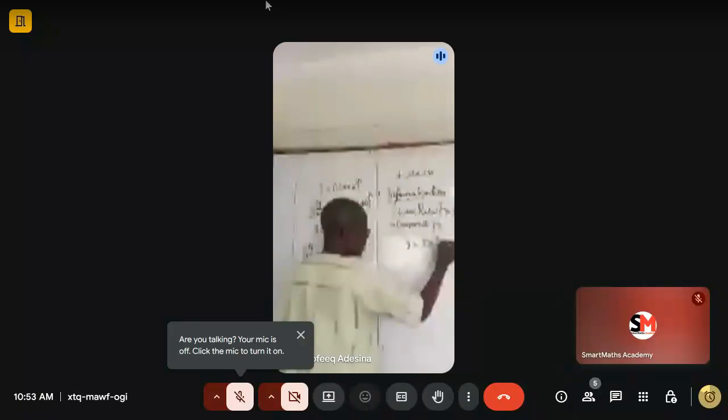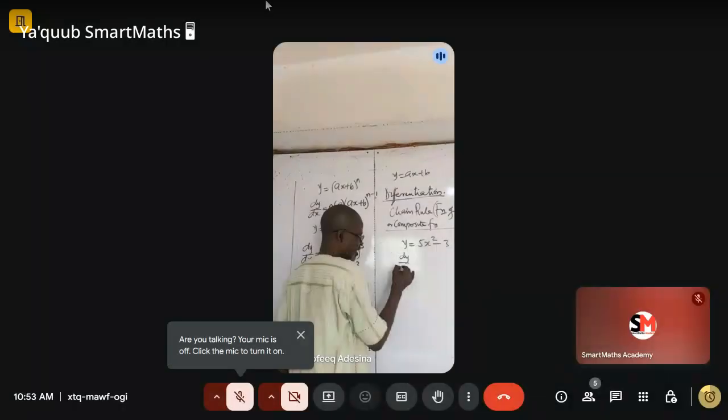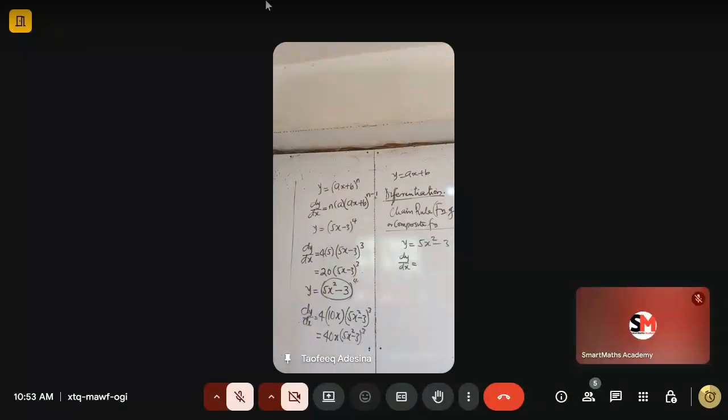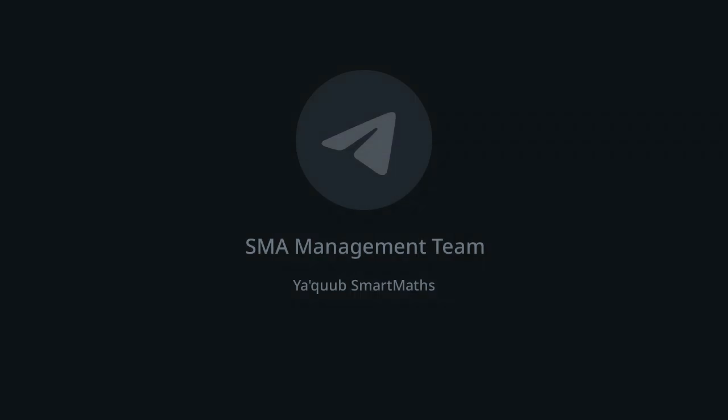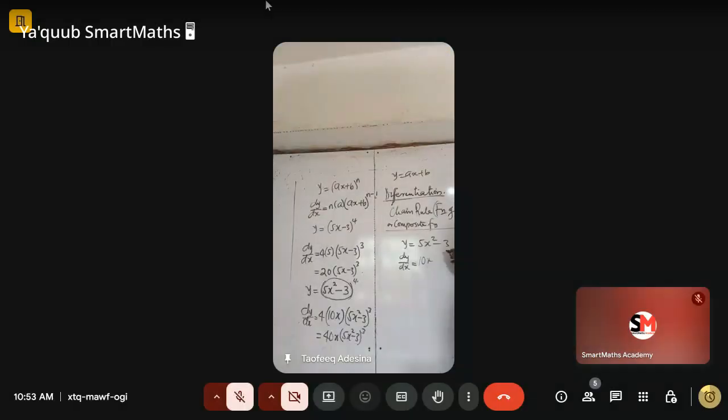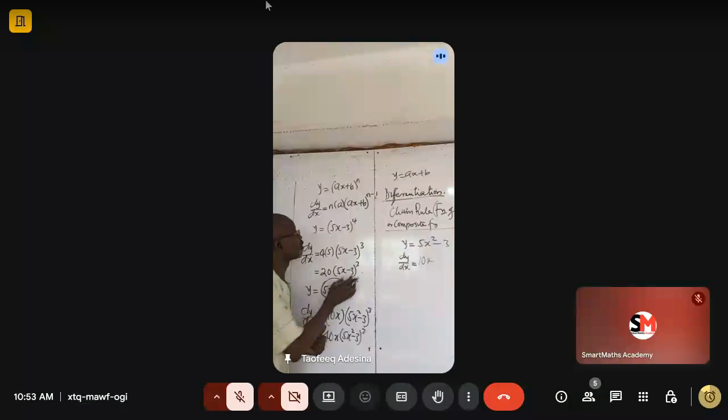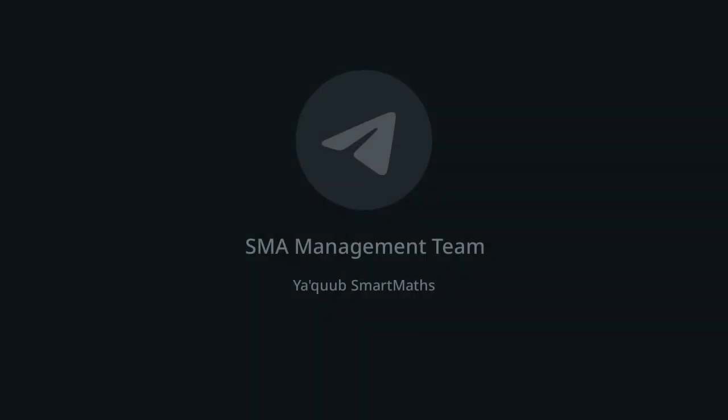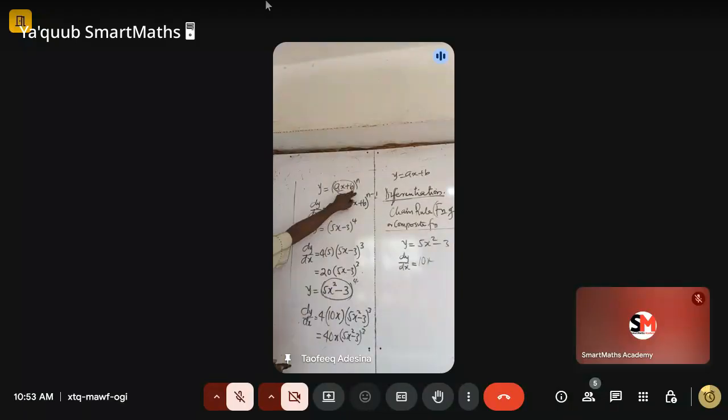What's your derivative here? It's 10x raised to power 1, that's just 10x. Is that okay? Yes, sir. That's the reason why this one is 10x. You differentiate everything here completely. When you differentiate the 3, it's a constant, and I told you when you differentiate a constant it gives you 0. That's why we're having 10x here.